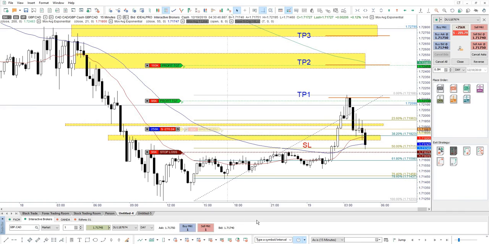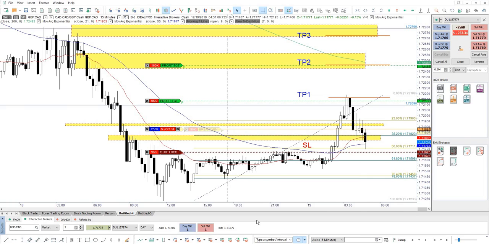Okay guys, let's see. I think moving the stop loss is helping for now, but I don't know how long. Probably will be stopped out of this trade, but we just stick to our trade plan. That's the best part.